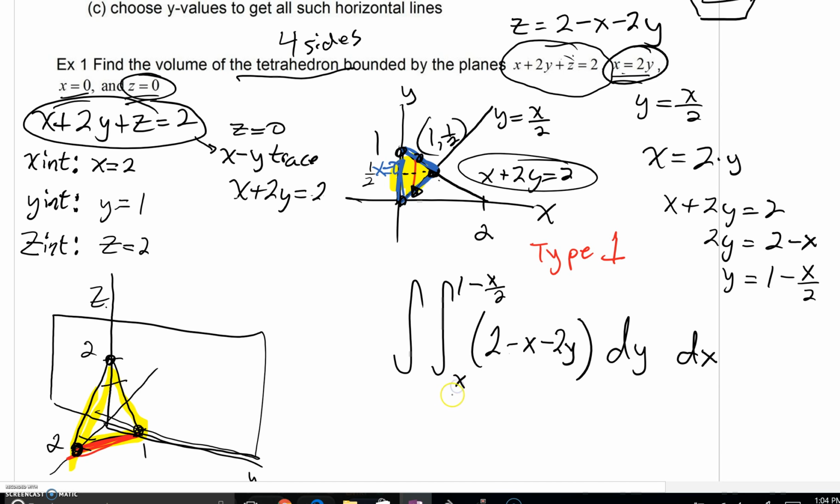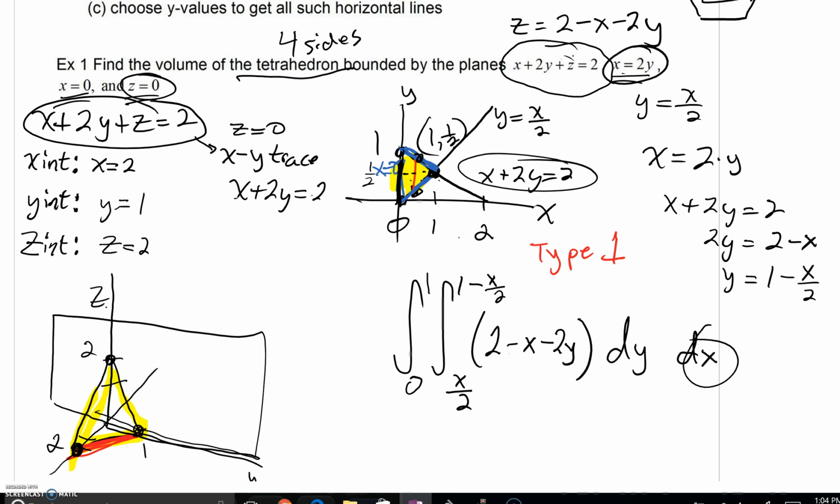That would be x all over 2. And then let's talk about our dx boundaries. What would that be? We're going to go from 0 all the way up to 1. You can see that's where all these vertical bars are being drawn in, from 0 all the way up to 1. Okay. We doing okay?